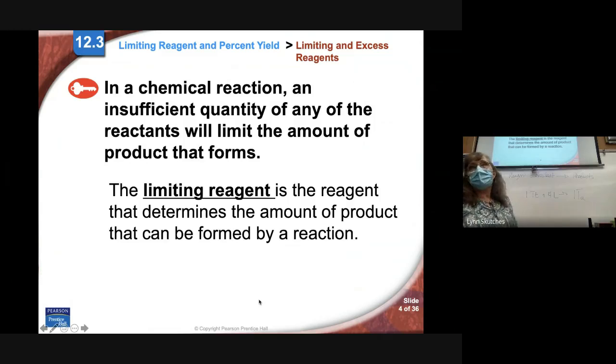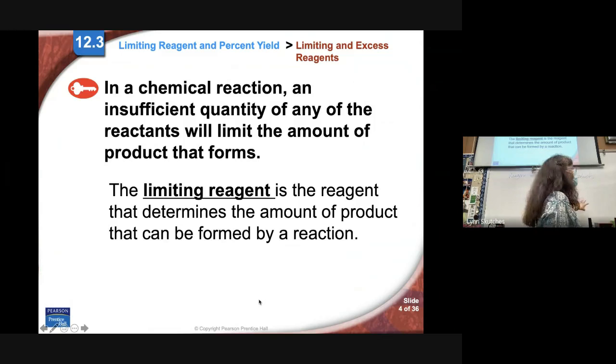The limiting reagent is the one that limits how much you can make. So in the case of the table analogy, it's the legs that limited us. We had enough tabletops. We didn't have enough legs to make 2 tables, right? So that's the idea.